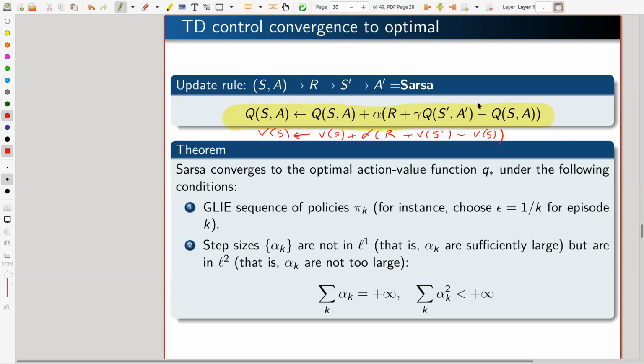For the moment, assume I'm taking this action, A prime, sampled from the policy, from the state S prime. The same policy that I am evaluating, meaning that also A is taken from the same policy that I am evaluating.